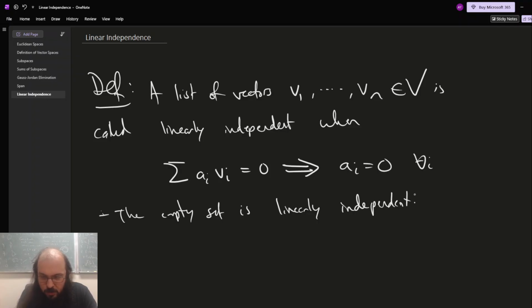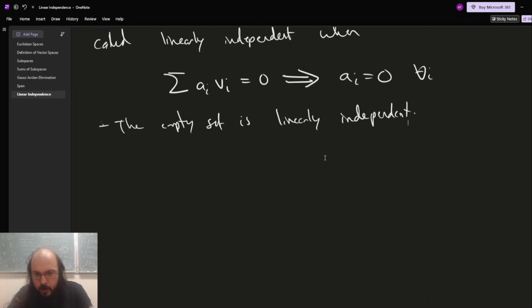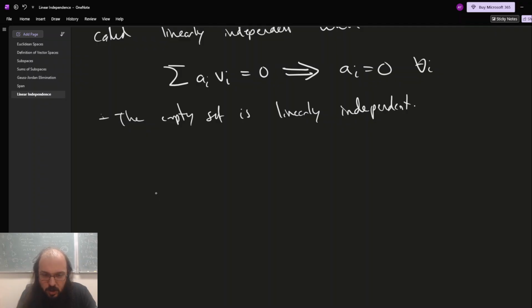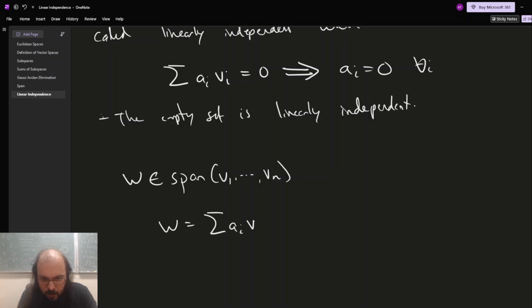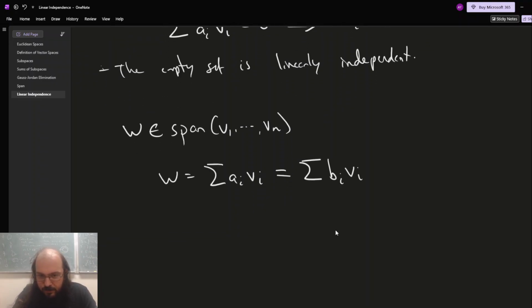So what does this have to do with the unique representation that we were talking about before? Let's consider the situation where you have some vectors, and then we have a vector W inside the span of some V's. What this means is that W can be written as some sum of the VI's. But now we can ask ourselves, what if it was not unique? What if there was some other way of representing them as well as AIVI's and then also as maybe some BIVI's?